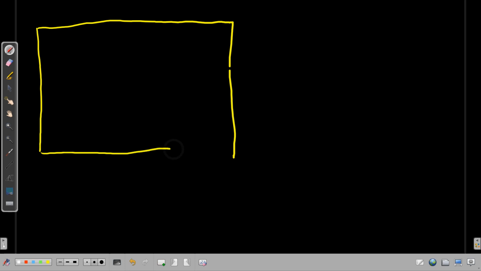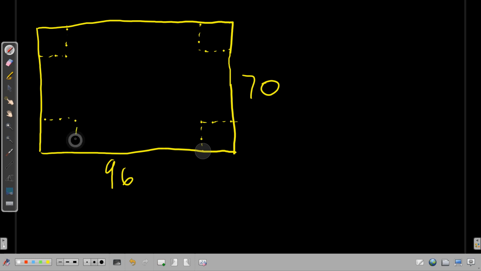It measures 70 by 96, and they're going to cut some kind of square out of each of the corners, and then they'll fold it up into a 5-sided box by folding along this red dashed line.